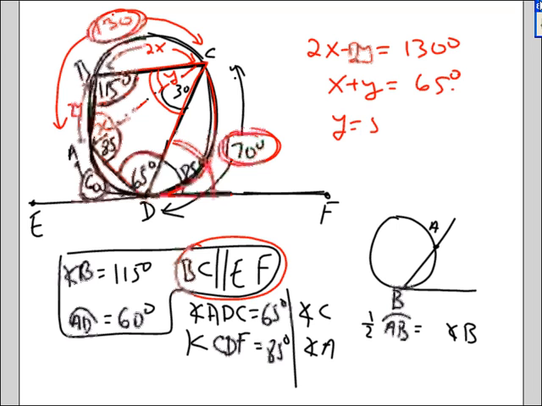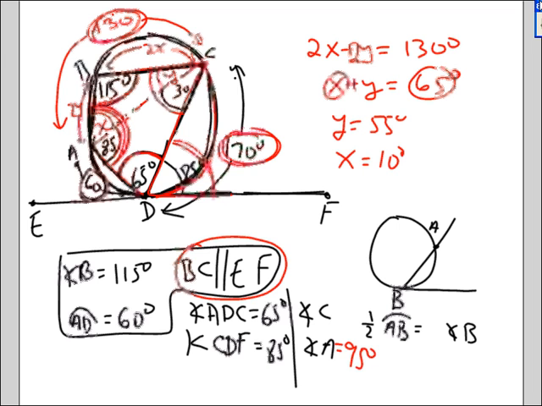So y must be 55, and what do you add to 55 to get 65? 10. Okay, so now angle A is x plus 85, but x is 10, plus 85 is 95. Angle C is y plus 30, but y is 55, plus 30 is 85.